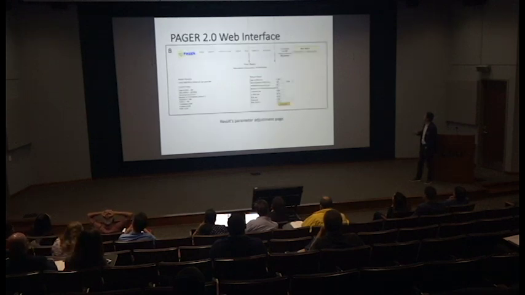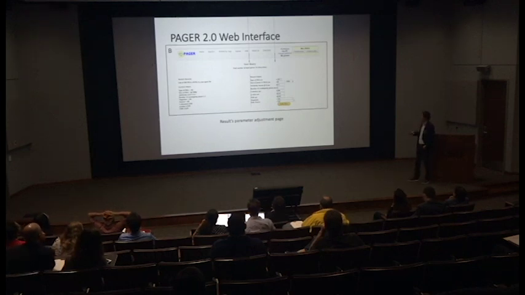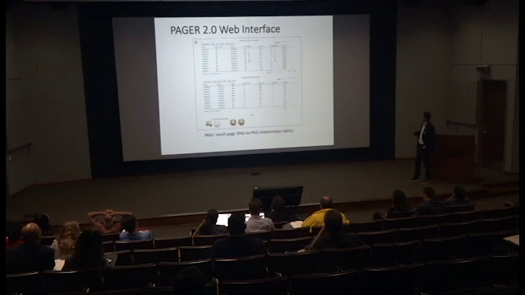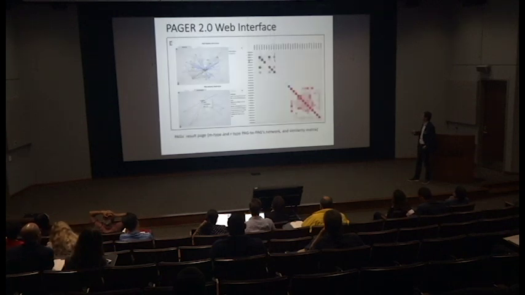Okay, so these are all the web interface. I think you can go online and search for this information. I won't show you the details, but essentially you can find the PAG, and then you can use a visualization tool to look at connections.